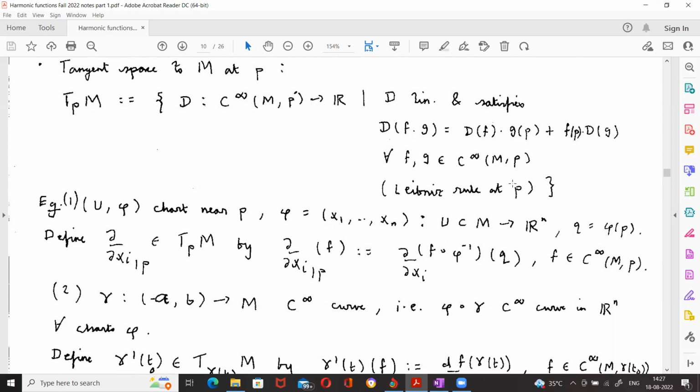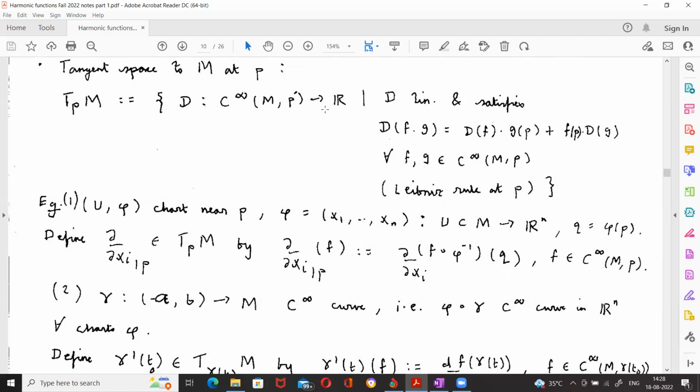Now, the rather remarkable fact is that this ring of germs of smooth functions is clearly infinite dimensional. So its dual space will also be infinite dimensional. If I were to look at all linear maps, I would get an infinite dimensional vector space.